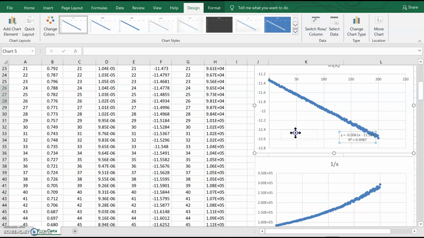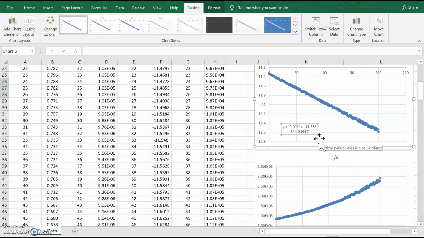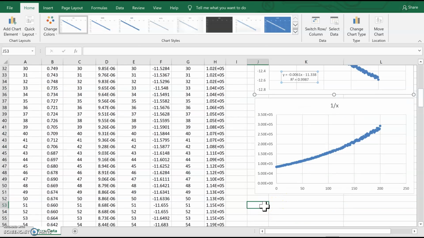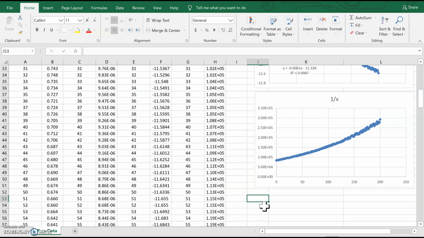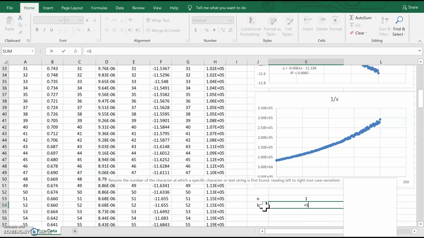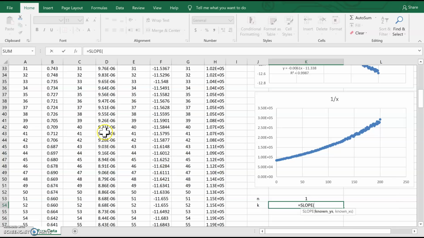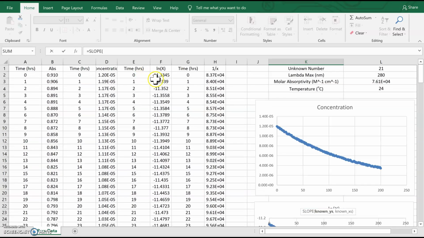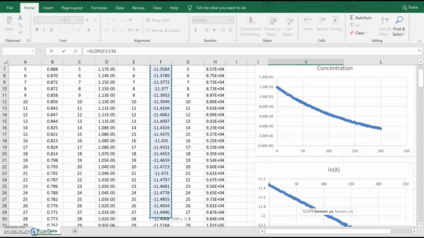But I'm not going to trust this value of the slope for my k constant. I'm going to go ahead down here and say the reaction order is 1. The k constants, I'm going to recalculate the slope. So it's the slope of these y values.